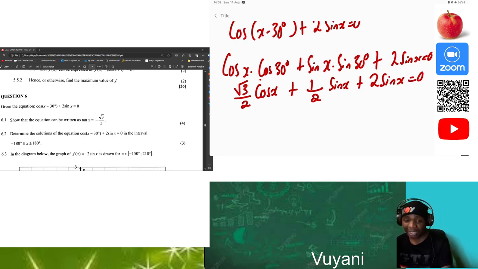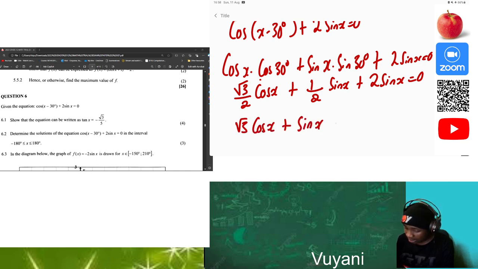If we multiply all through by 2 so that we remove the denominator, that will be root 3 cos of x plus sine of x plus, now 2 times 2, that will be 4 sine of x is equal to 0.